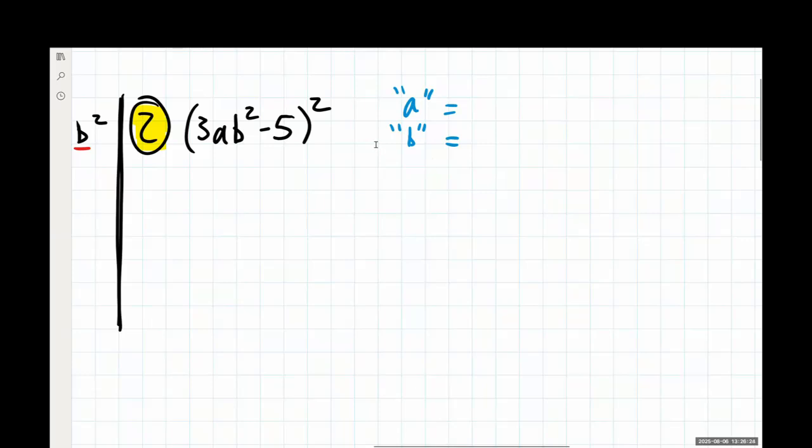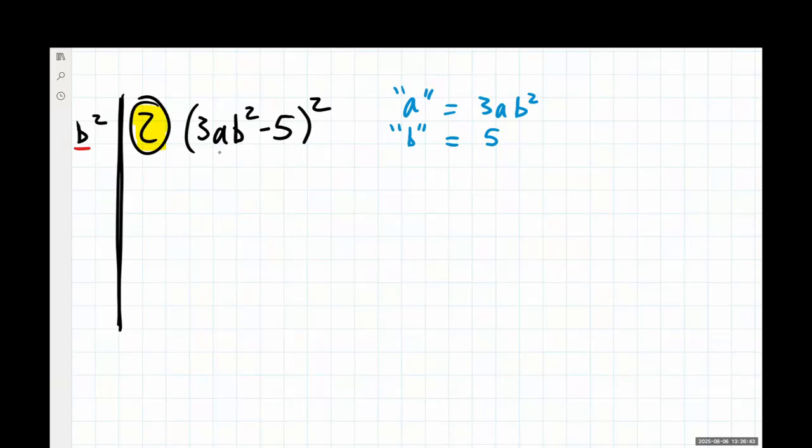So if we were going to reference our general formula, the first thing would be our quote unquote A term. So that'd be 3ab squared. And our second term, or our B term, would be this 5.